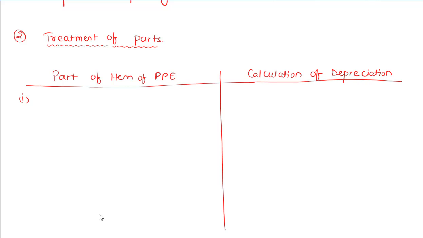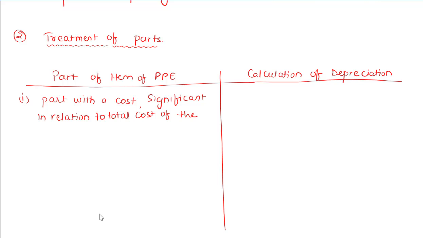First, write part with a cost that is significant in relation to the total cost of the PPE item.